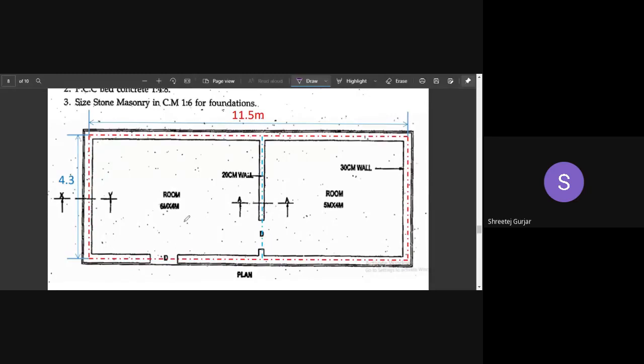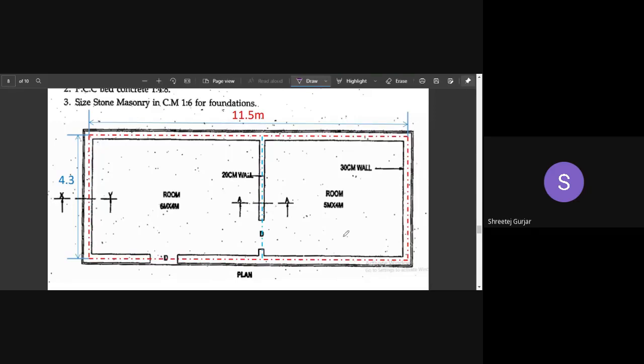Okay, so coming to room dimensions. The first room, you can see it is 6 meter in length, and 4 meter is the width. The second room, length is 5 meter, and width is 4 meters.